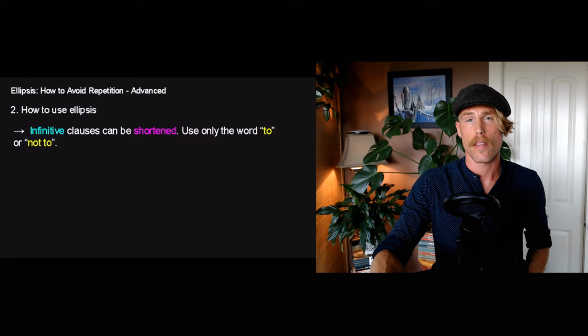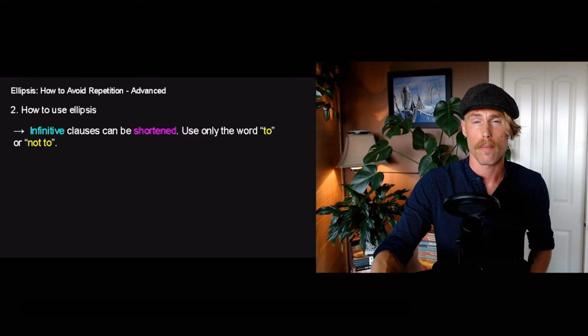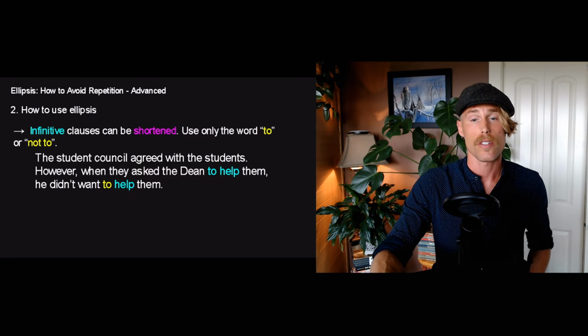Okay, let's look at another example using the same method. The student council agreed with the students. However, when they asked the dean to help them, he didn't want to help them. Okay, what can we leave out of this sentence? What do you think? Hopefully this one is pretty easy.